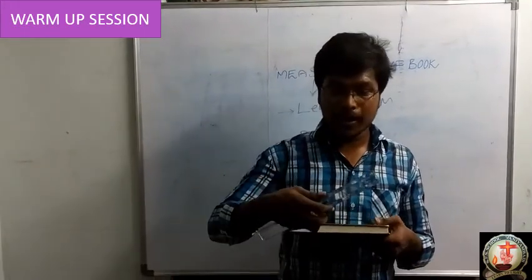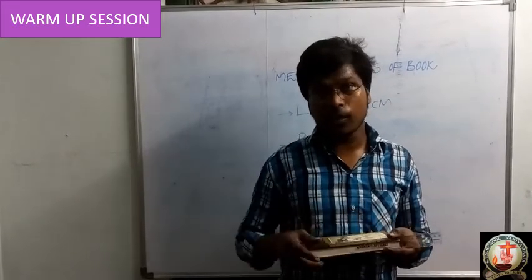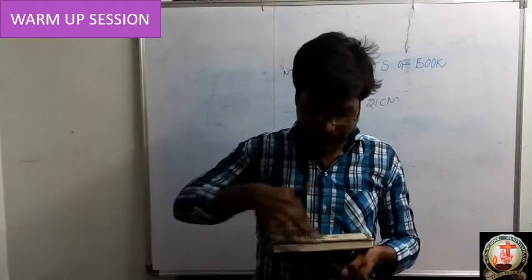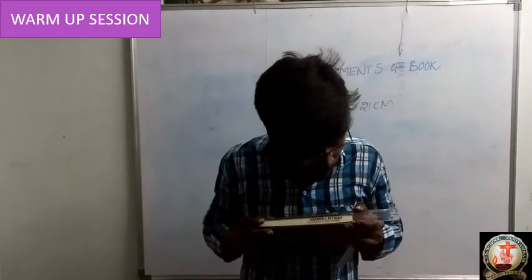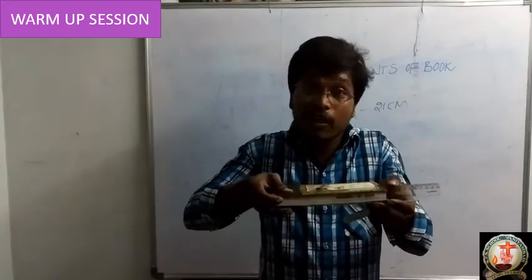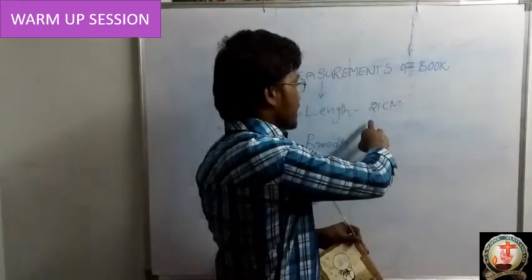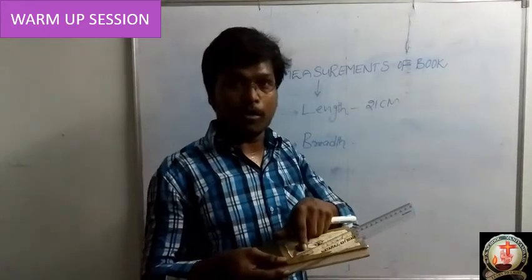So first of all I will measure the length of this book. Here by the use of this scale I am finding the length. Now I am placing the scale here. The length of this book is 21 centimeters. Here I already mentioned, now this is the first measurement of this book.